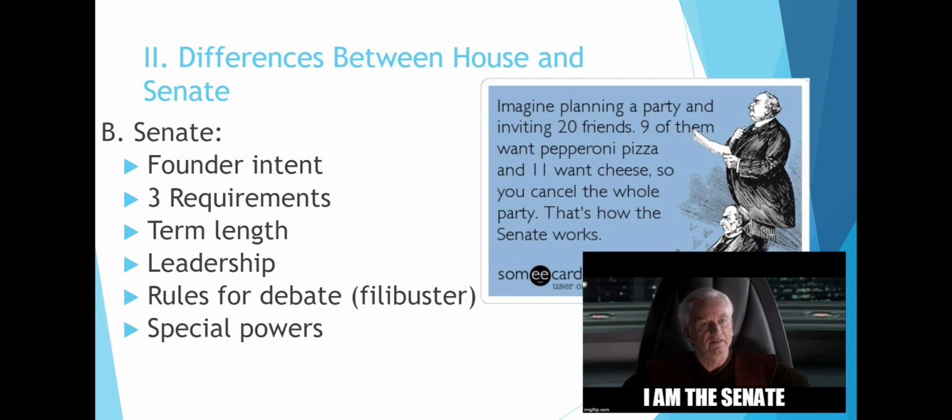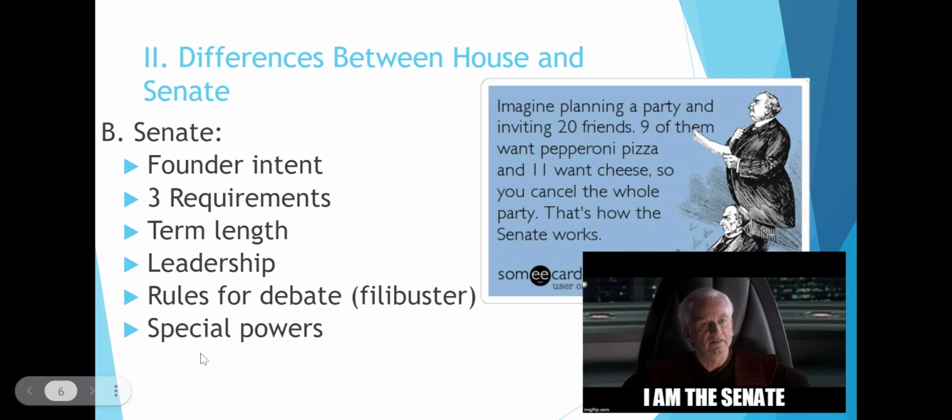Nobody has wanted to do it because they are afraid of consequences. You don't like the filibuster when you're the majority party, but you like it when you're the minority party. And so filibuster rules have changed a little bit over time, but no one has gotten rid of it altogether.